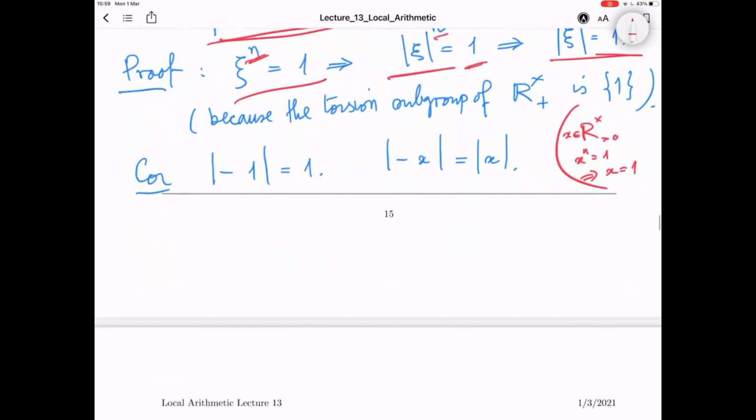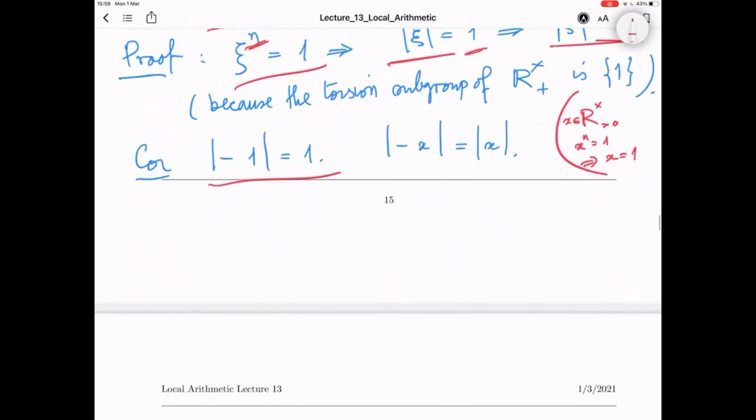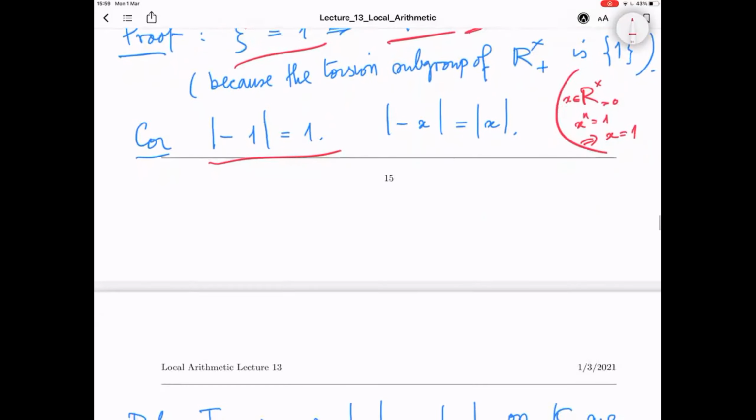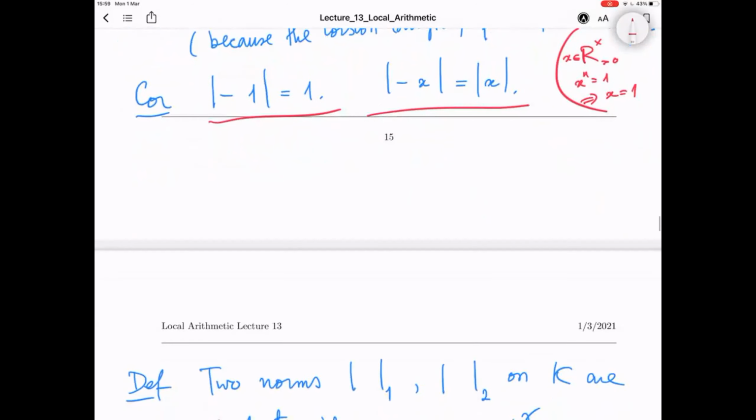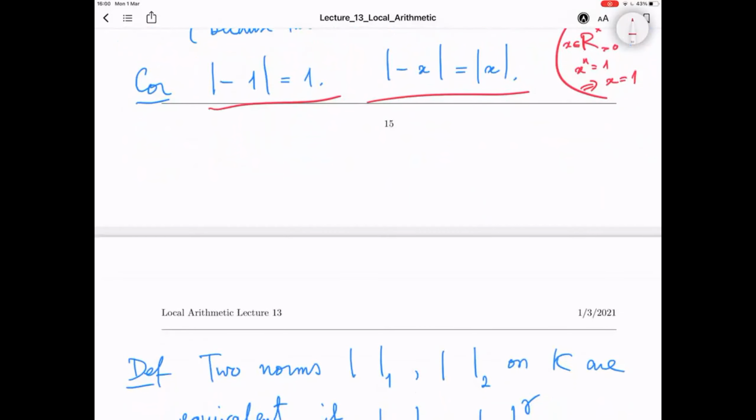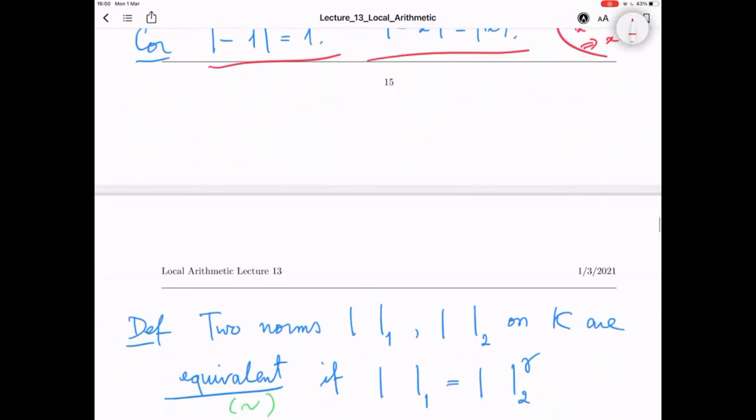So as a corollary, the absolute value of -1 has to be 1, and the absolute value of minus x has to be the same as the absolute value of x. So I'll interchangeably call it the norm or the absolute value.